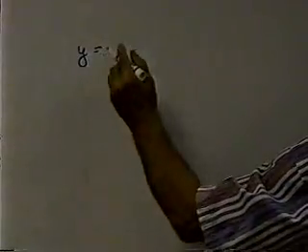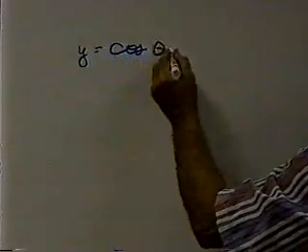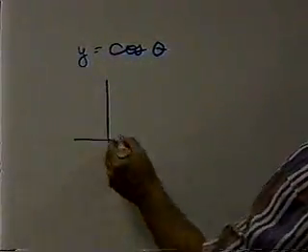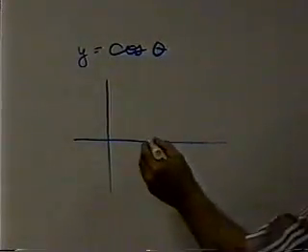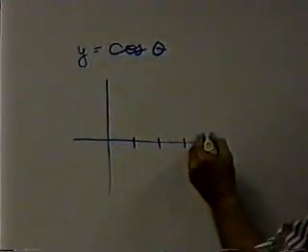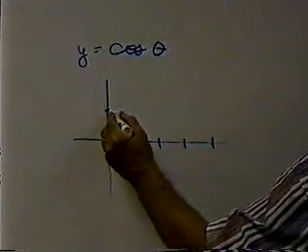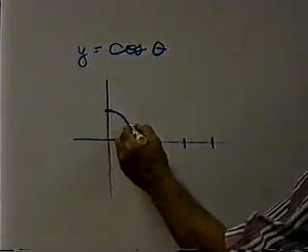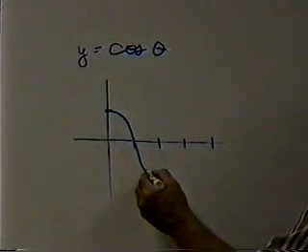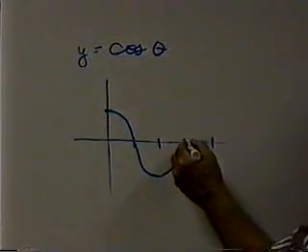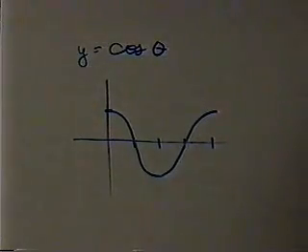Okay, what happens if we want to do the cosine curve? Well, step 1, xy axis. Step 2, 4 equal marks. Step 3, cosine curve. Cosine curve starts here, comes down to 0 at the first mark, minimum at the second mark, back to 0 at the third mark, and comes back to here.